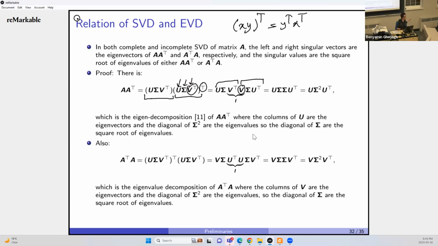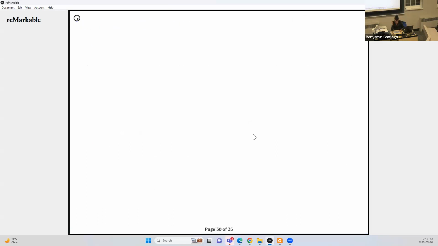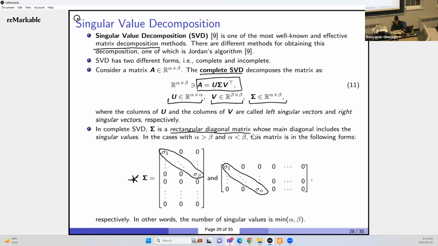Why? Because sigma is diagonal. U becomes U transpose. By the way, here V transpose V is I, because V was orthogonal. So we have this. Sigma sigma is sigma squared. We started from here. What is this? Eigenvalue decomposition. Do you see how beautiful it is?